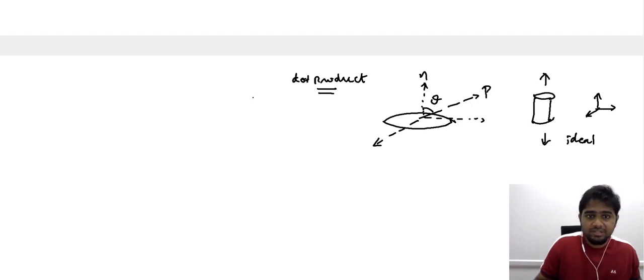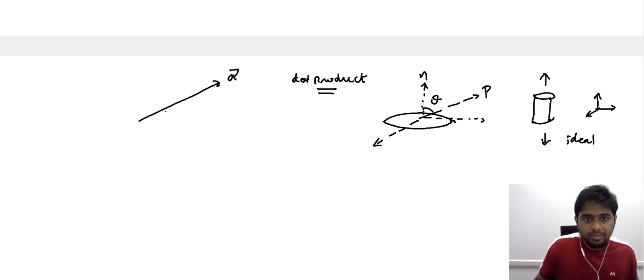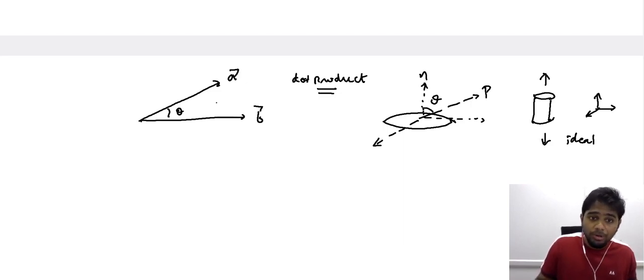To put it more generally, say we have vector A and vector B, and you want to know the component of vector A acting along vector B, then you take the dot product of the A and B vectors.